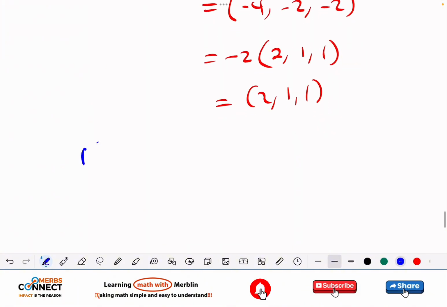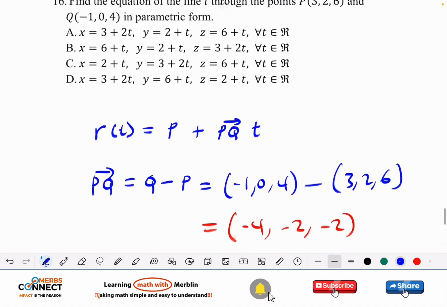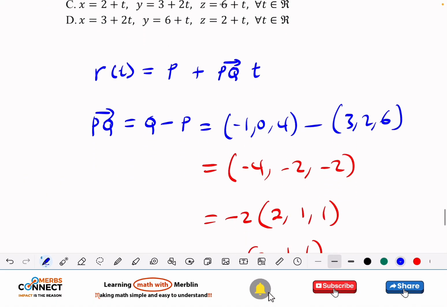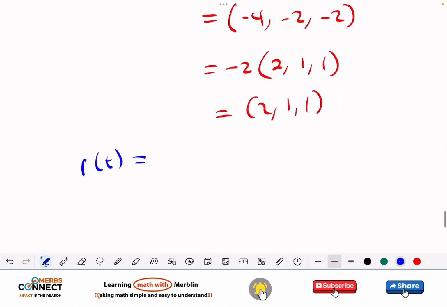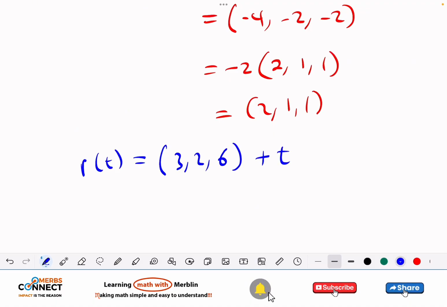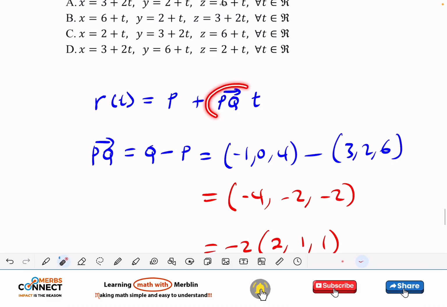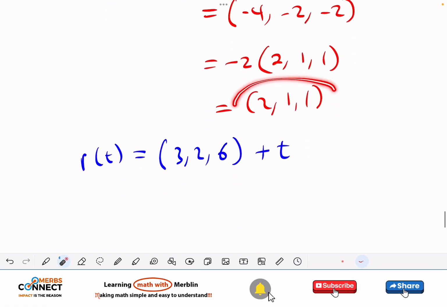Then R of t will be equal to P, which is 3, 2, 6, plus t times vector PQ. I've reduced it to its reduced form. The factor is just a constant, so we can ignore it. When you are doing linear algebra in level 300, you will understand how you can ignore this.